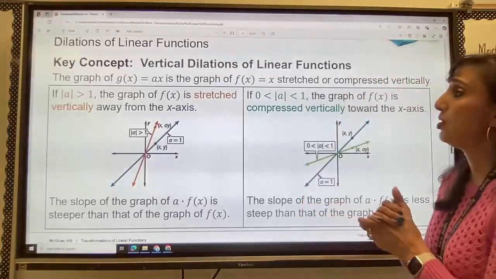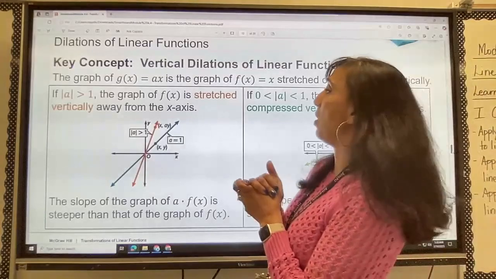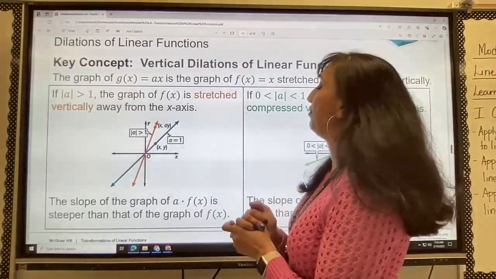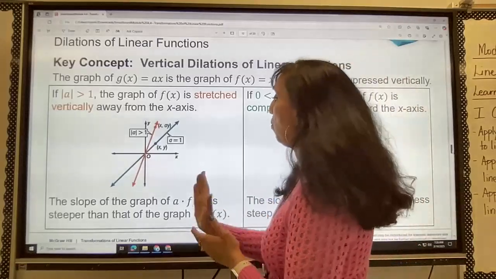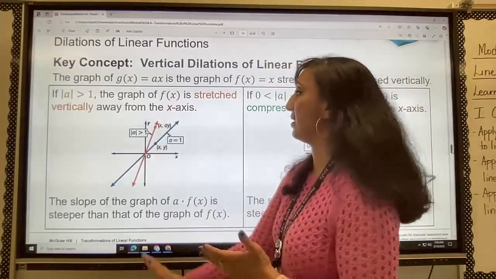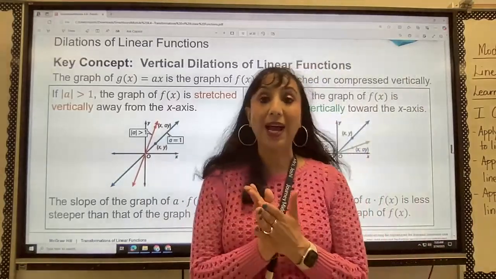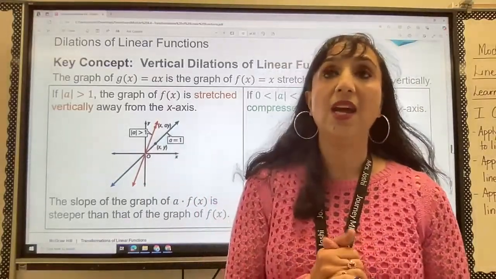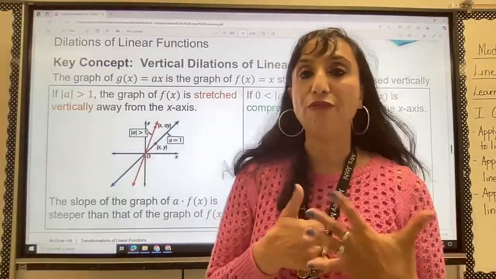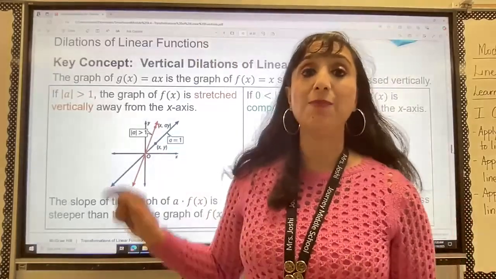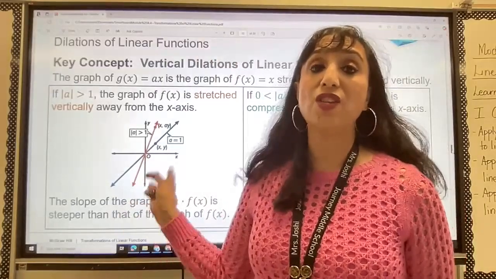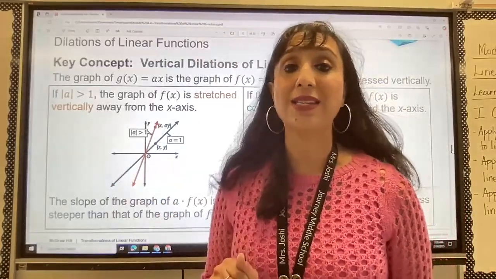If the absolute value of a is greater than 1, the graph of f of x is stretched vertically away from the x-axis. You can see that graph, if I say 3x or 4x, is going to be steeper, and that's basically what stretched vertically away from the x-axis means.